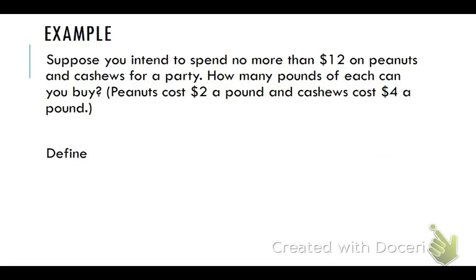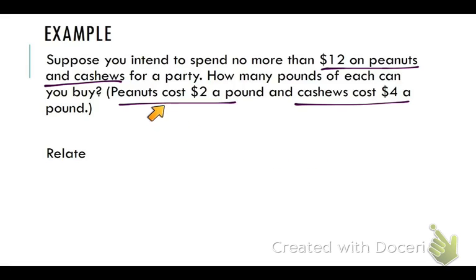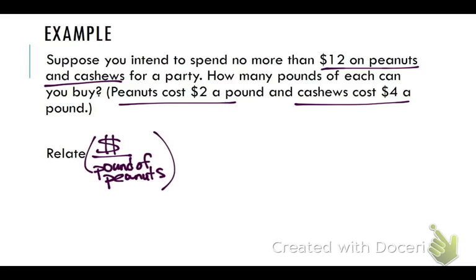So in the relate portion, this is where we set it up in words. So putting all of this together, it says $2 per pound. So if we can take the cost times the number of pounds, so this is going to be like last semester. So cost per pound of peanuts, but the second piece was not a fraction.